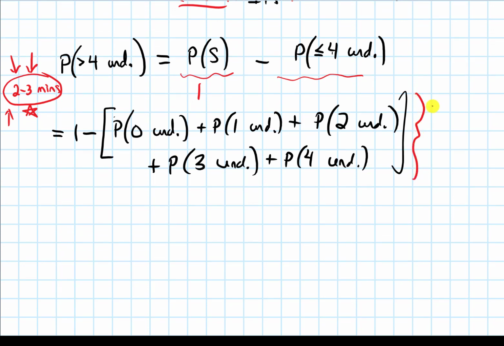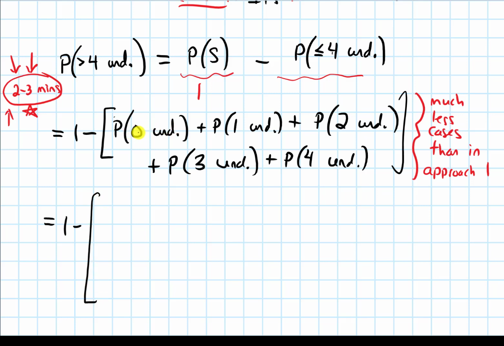I want to just comment that there are much less cases here than in our first approach when we did this directly. And that's often the indicator that using complements is going to be the way to go. Okay, so we have 1 minus, and let's start to work out some of these things.